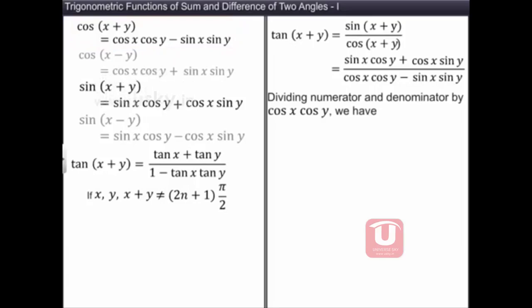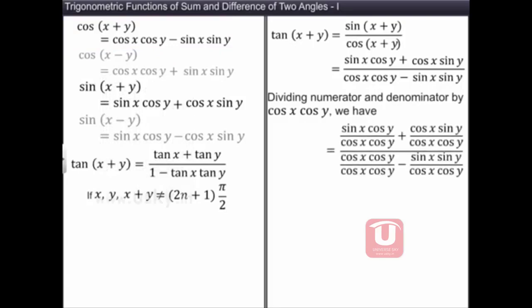On dividing the numerator and denominator by cos x cos y and simplifying, we get tan of x plus y is equal to tan x plus tan y divided by 1 minus tan x into tan y.